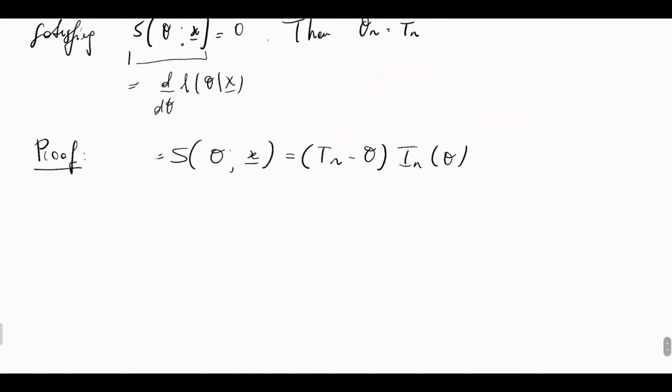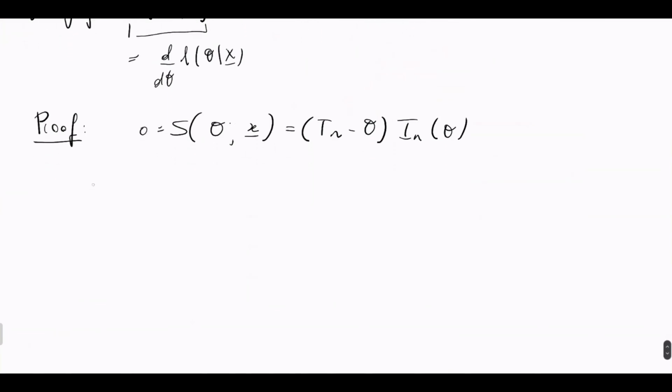And if we put this equal to 0, then we have Tn minus theta times the information equal to 0.